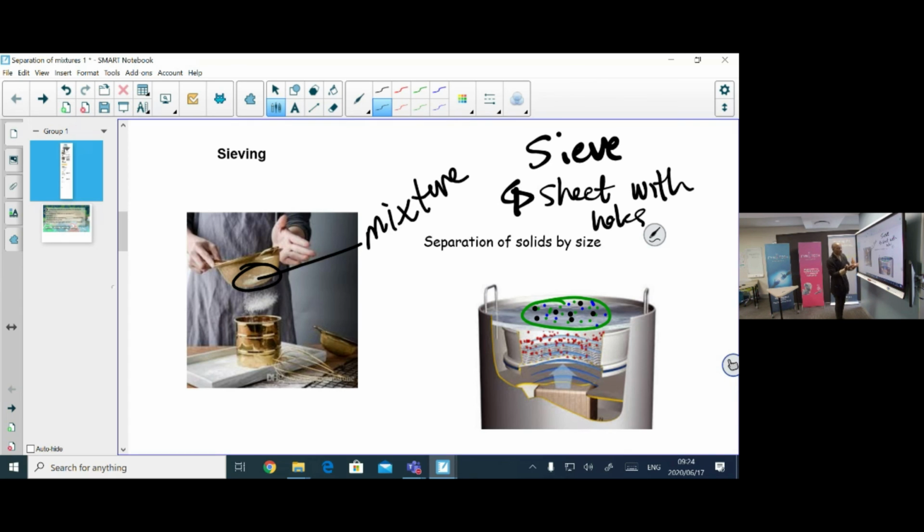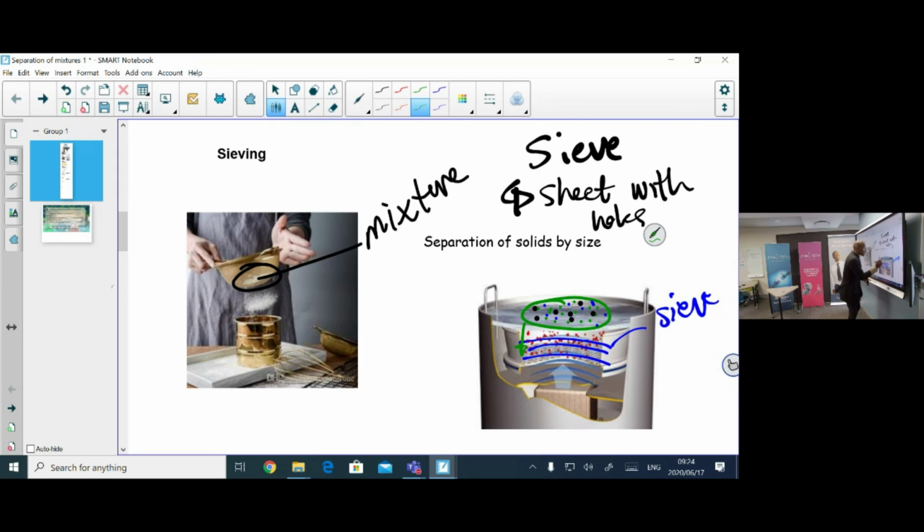And in that case, you'd be having layers like that, these being your sieves of varying particle sizes, and small particles will be allowed to pass through whilst large particles will be held up.